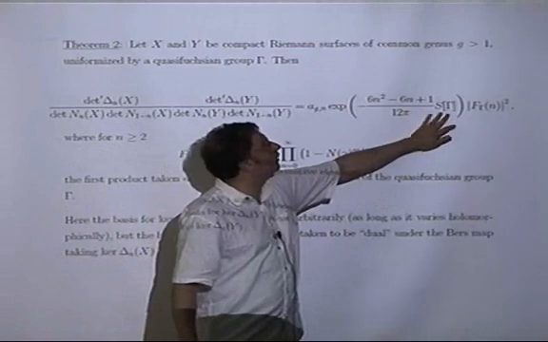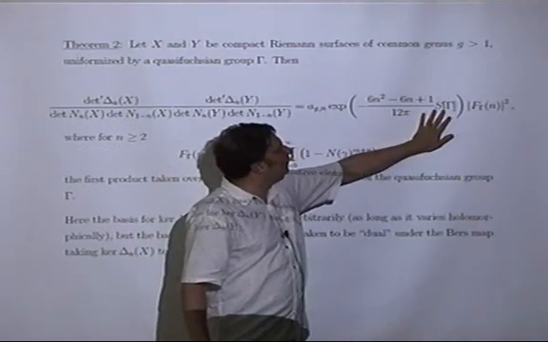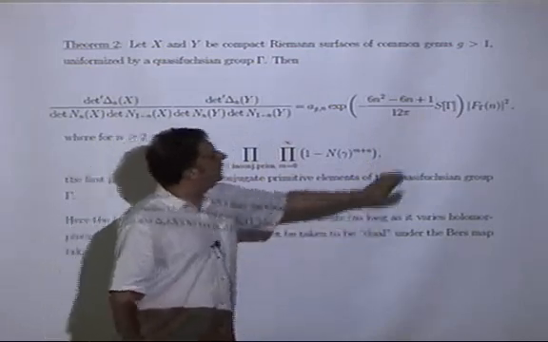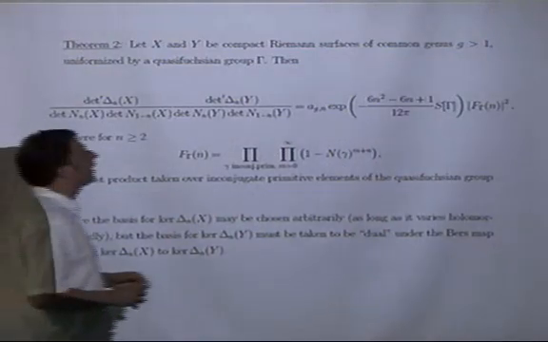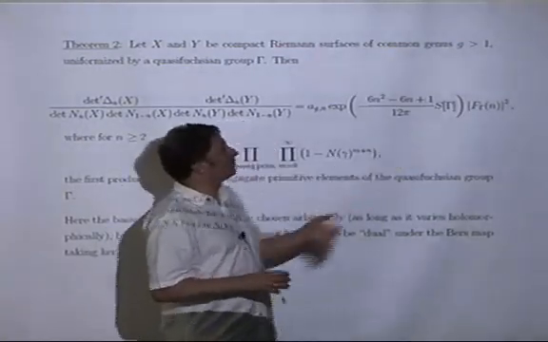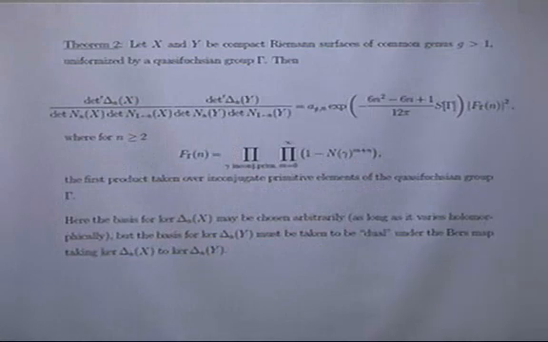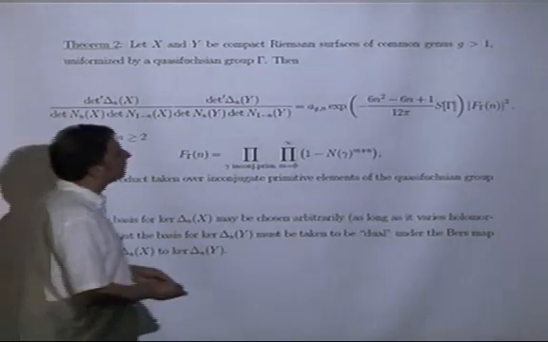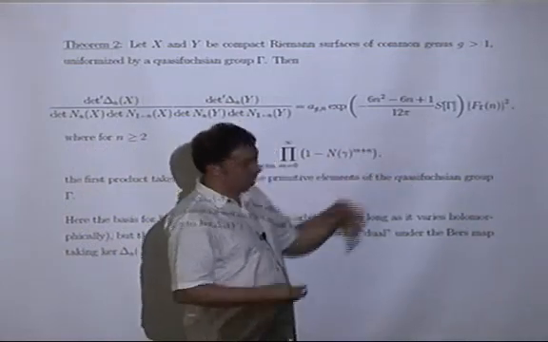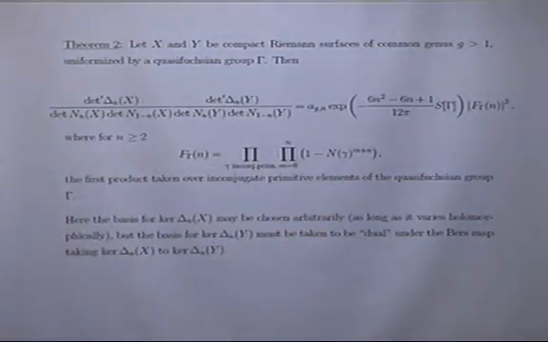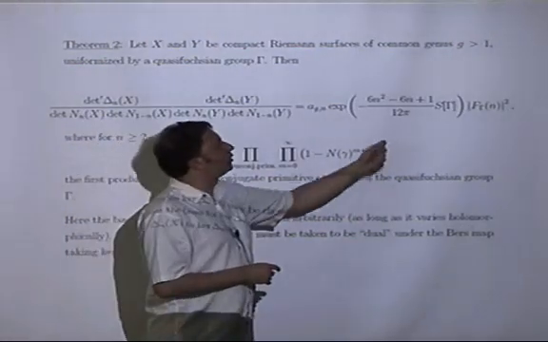Krasnov, and later Krasnov and Schlenker, and also Takhtajan and Cho, have interpreted this very horrible-looking Liouville action on the Riemann surface, or on the Schottky group, as actually being a sort of regularized volume for this three-manifold. So the three-manifold is an open, infinite volume hyperbolic manifold. And it's possible to define a regularization of its volume, and that regularized volume can be shown to be the same as the Liouville action.